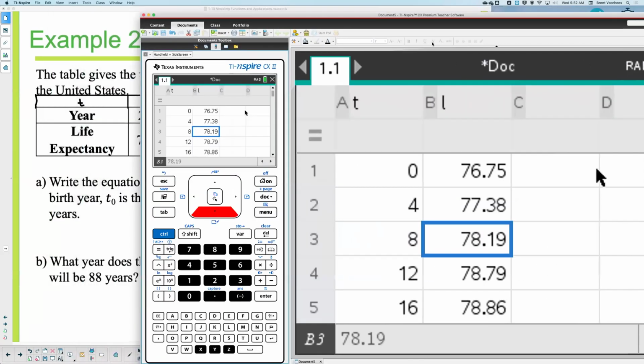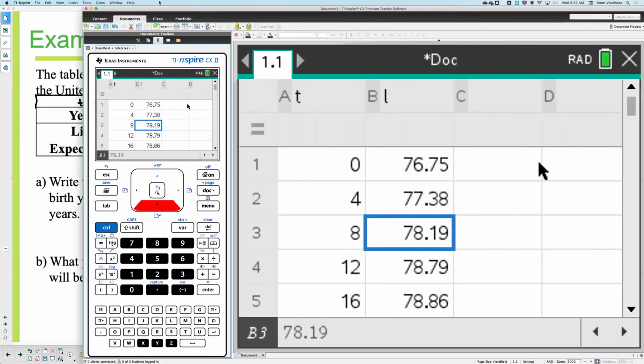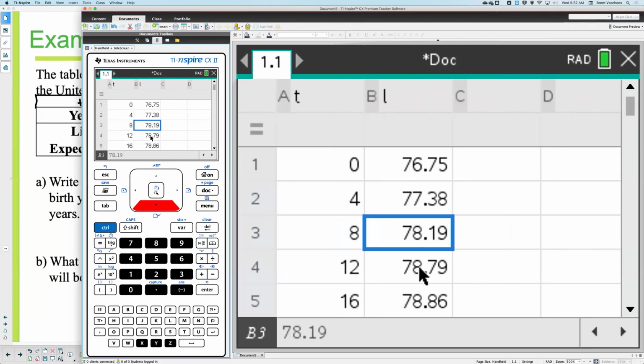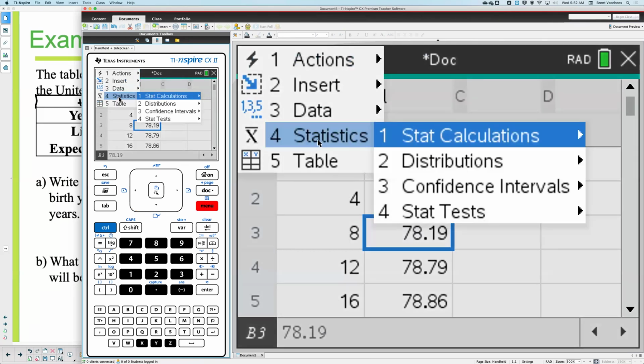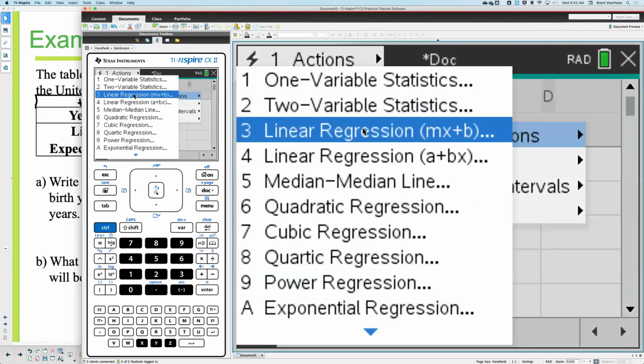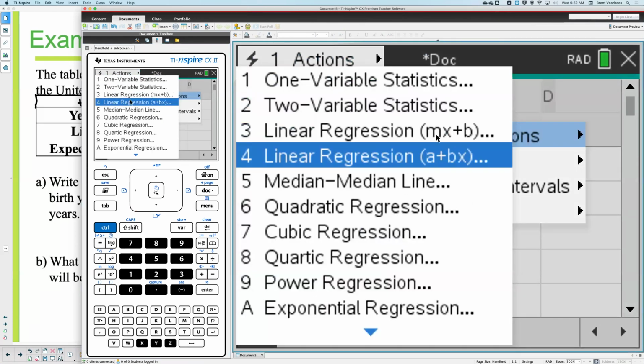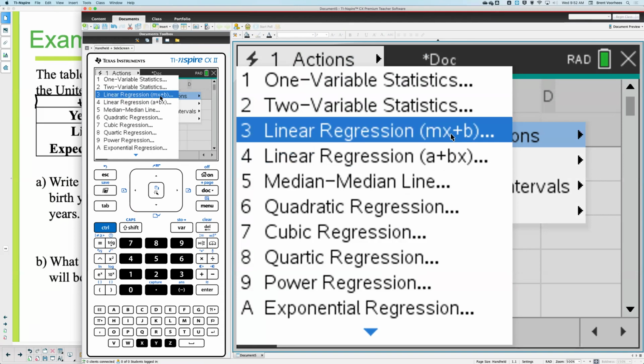Okay, what type of model did it say to select this time? Linear. So once again, am I going too fast if I go now? Press menu, statistics, then stat calculations, and choose linear one more time. I'm going to choose the linear that's mx plus b.